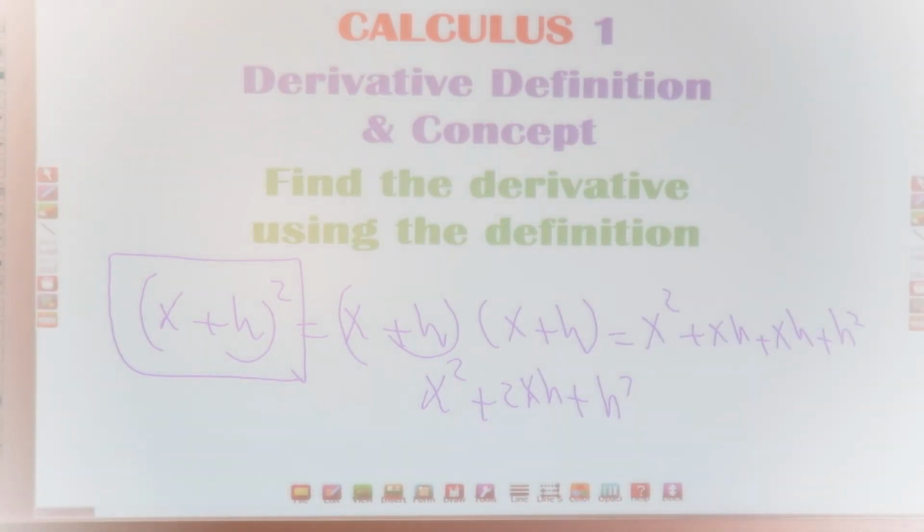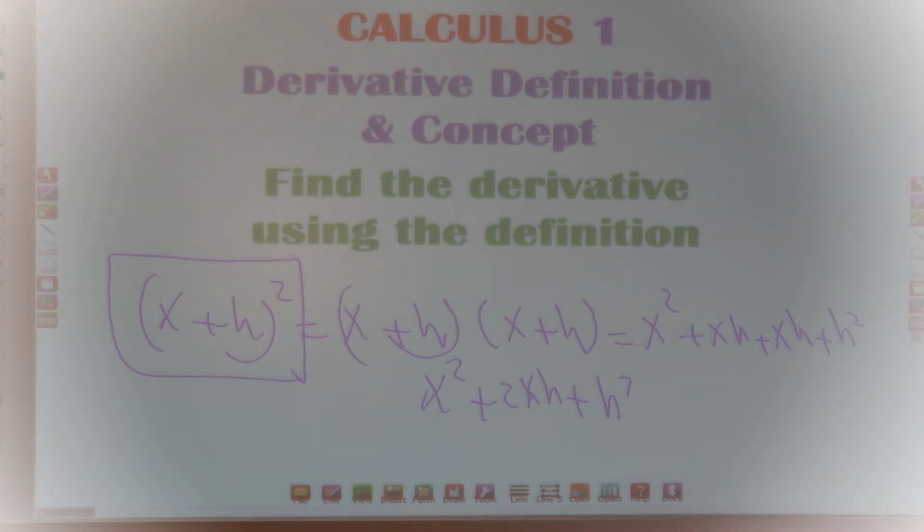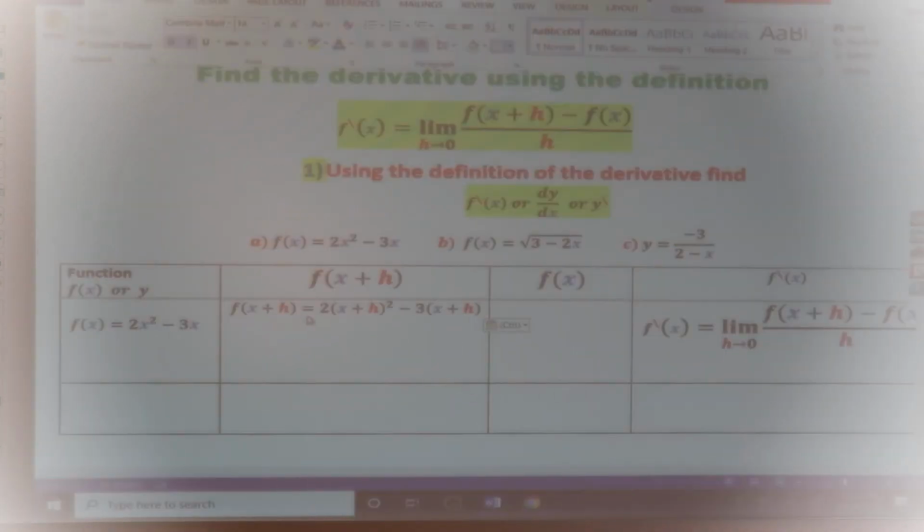Then let us go back to our board and take this value and apply it in my formula. Then this guy will be 2. I'm going to take only this, and all of this will be x squared. Leave the 2 alone.